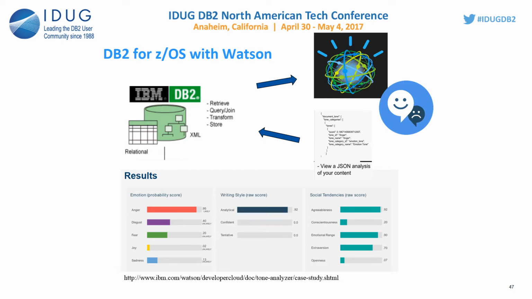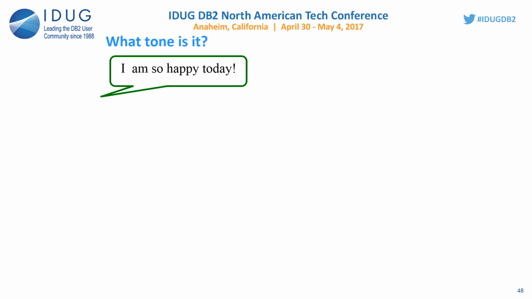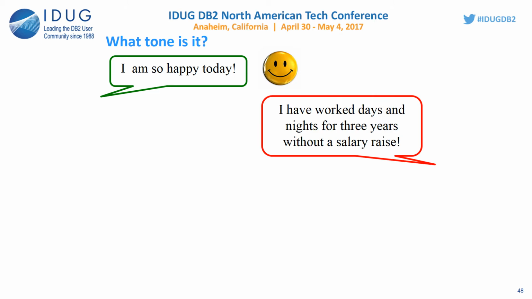Okay, let's go for some simple examples to wake you up. So what tone is it? This one is simple, okay? I'm so happy today. Of course, happy, right? How about this one? Okay, you can tell it's an unhappy tone, right? So how about this one, the last one? I'll let you think about that.